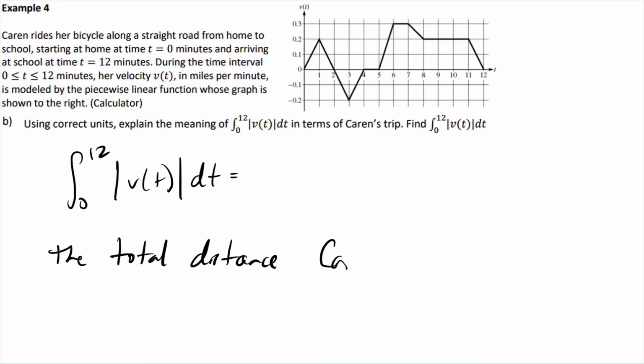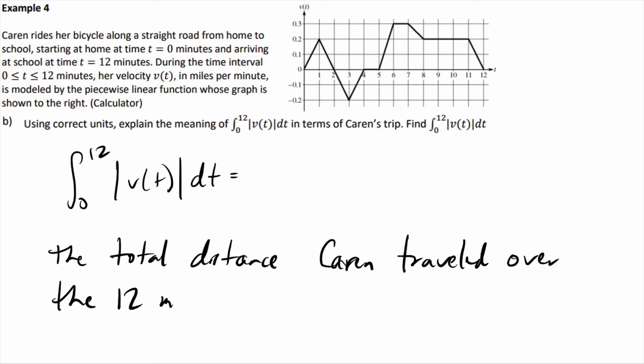The total distance Karen traveled over the 12-minute period. Okay. Right? Anytime we're doing an integral, it's total. We know this is distance because we looked on our table from 0 to 12.